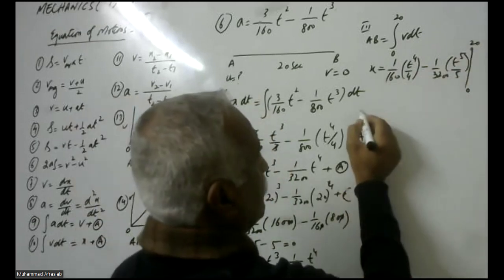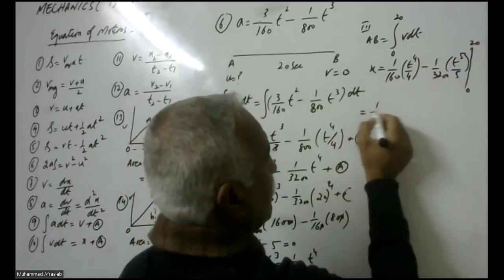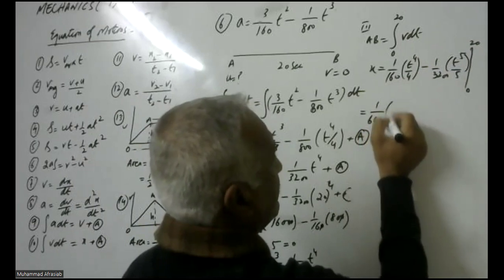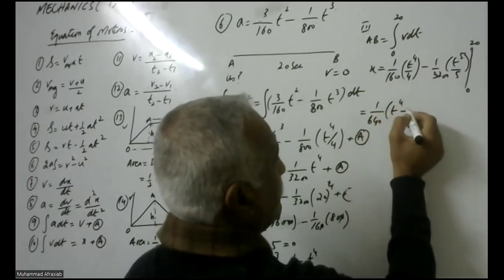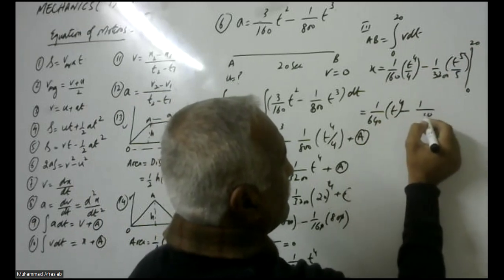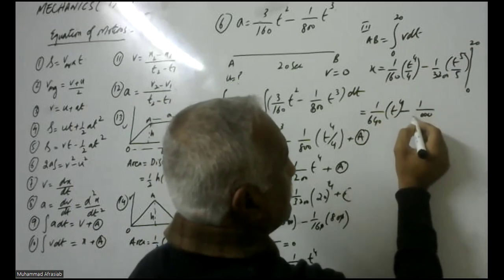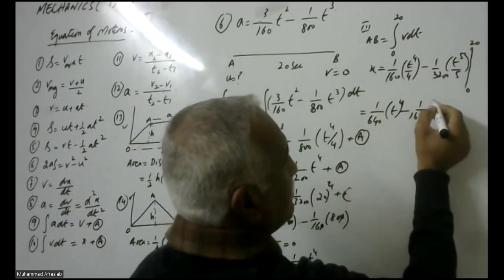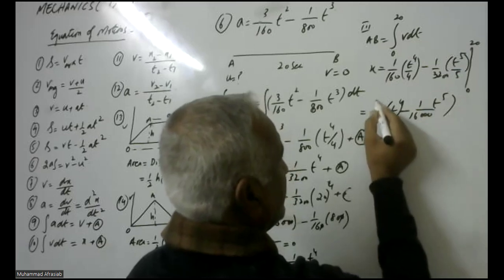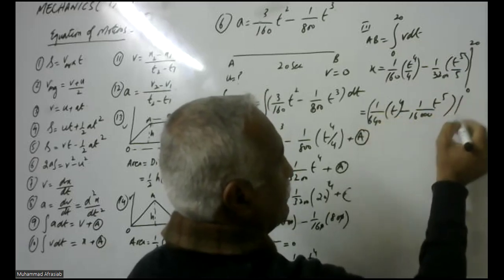So this will give you 1 over 640 times t to the power 4 minus 1 over 16,000 times t to the power 5, and the limits are 0 to 20.